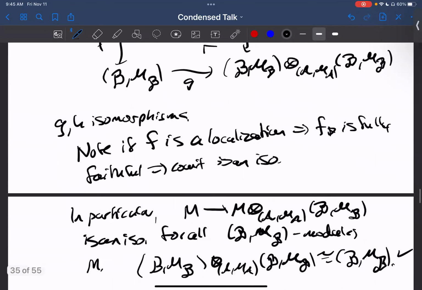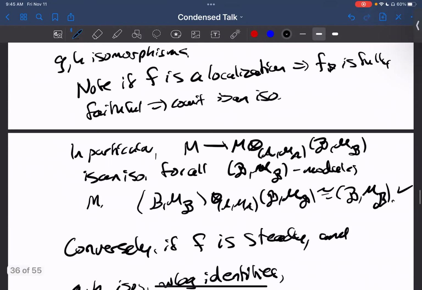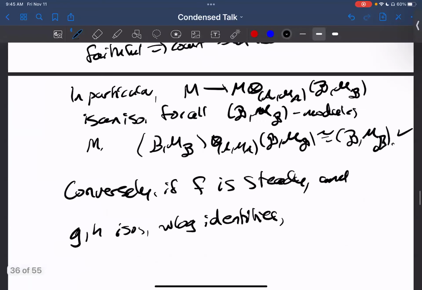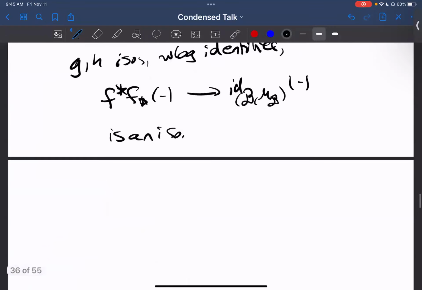So if F is steady, and G, H are isos, without loss of generality identities, then by definition of F being steady, we have that the map from F upper star, F lower star to the identity on the derived category of BMB is an isomorphism. So this in particular says that we're looking at this adjunction here.